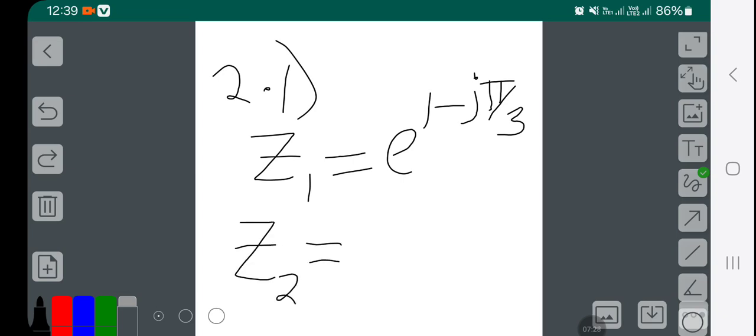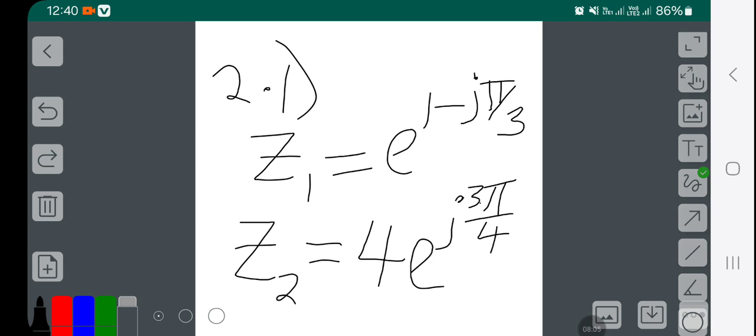Then z2, as you are given, it's 4 e to the power of j 3 pi over 4. Do you know what this e represents? E to the exponent j, the imaginary, 3 pi over 4.